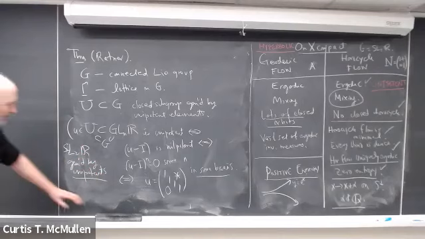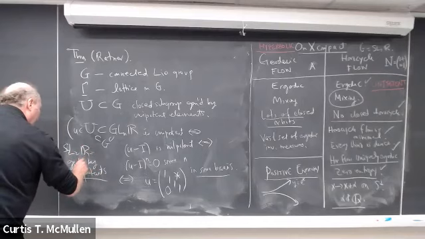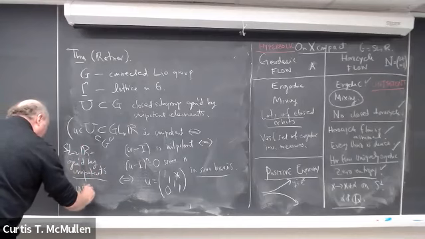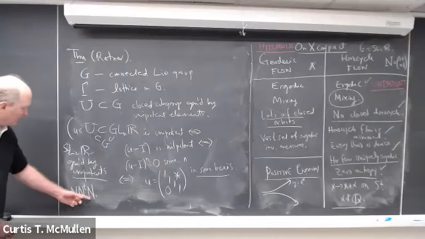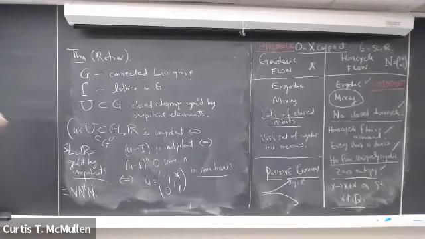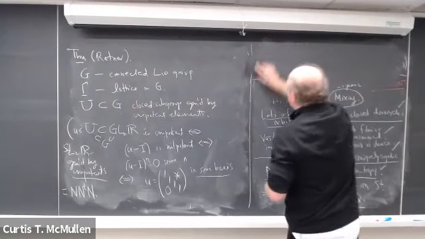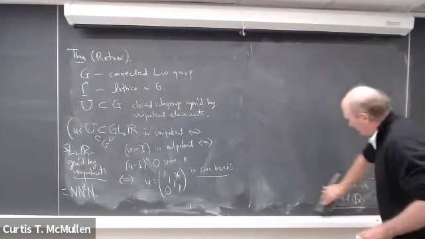And the reason it's generated by unipotents is that you can write this group as N times N transpose times N. You can write every element of SL2R as a product of upper and lower triangular matrices. And all of these are unipotent, so this is generated by unipotents. And so it qualifies for membership in the subgroups that will work, where Ratner's theorem will work.